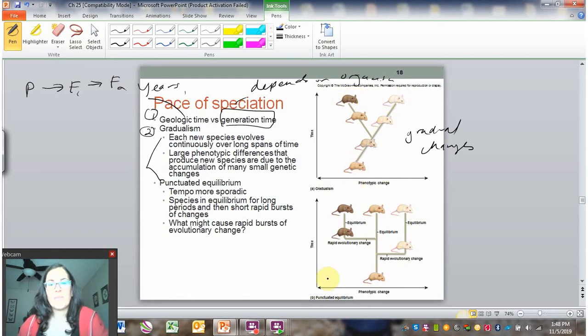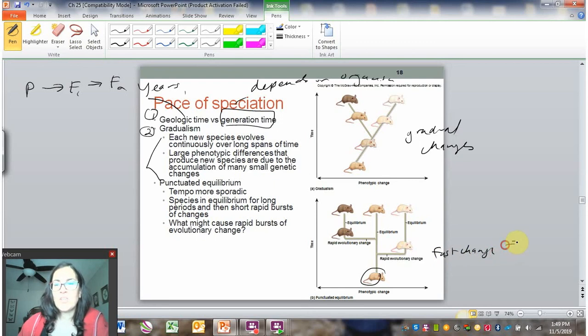That's gradualism. The other competing idea is punctuated equilibrium, which is that organisms can be unchanged for a really long time. That's the equilibrium period. So here's the mouse staying the same color. And then that unchanged period is sometimes broken up by very sudden, fast change.